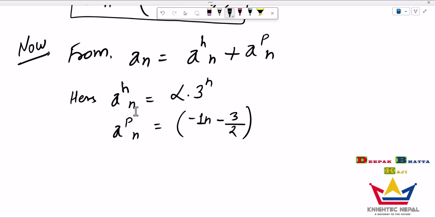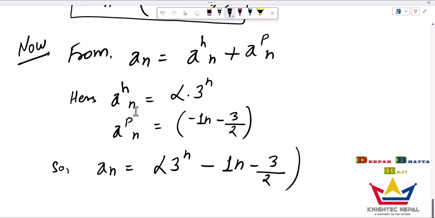So An equals alpha 3n minus 1n minus 3 divided by 2. So this is the value for An.